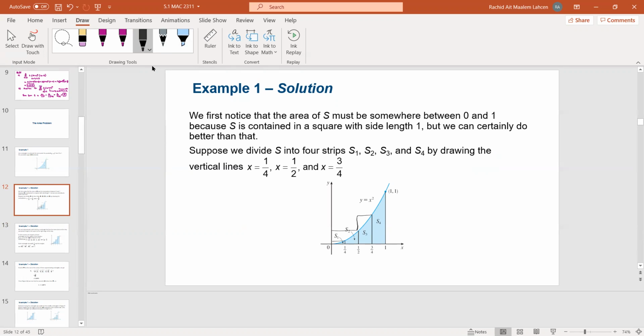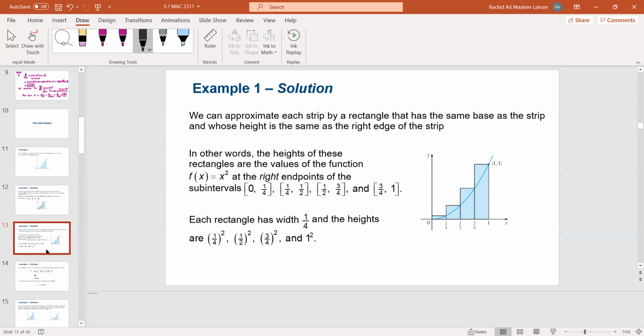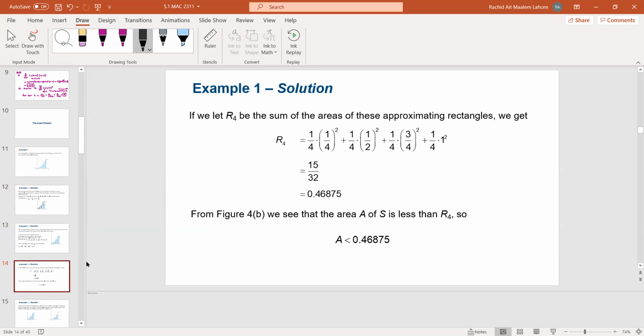So we could be using these rectangles, right? And we know the area of a rectangle is width times length, and the width is 1/4 for each one. They are all the same. They all have the same width.